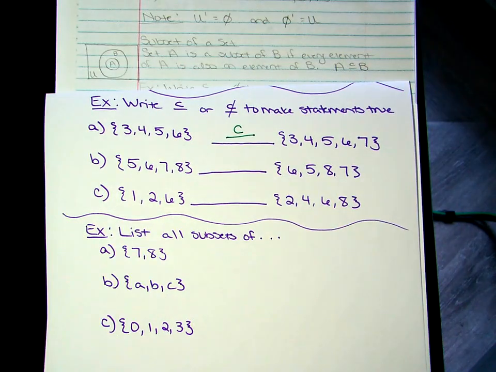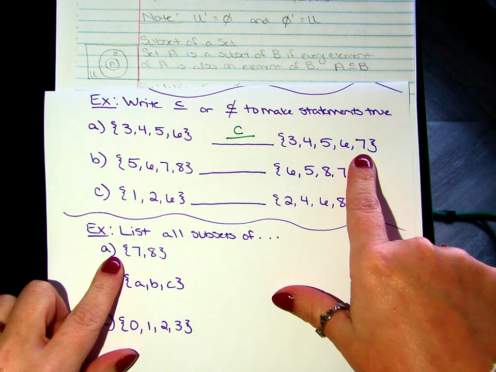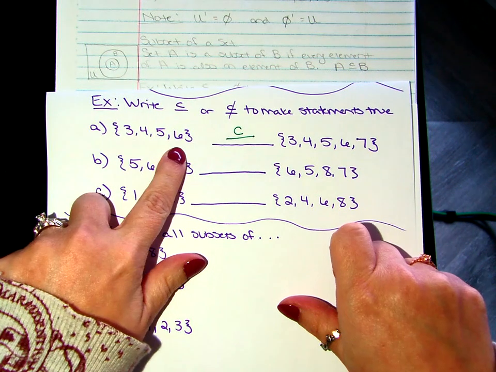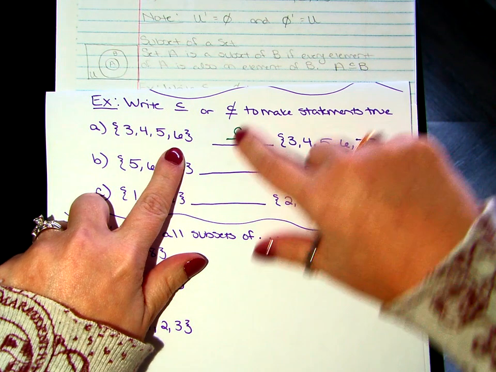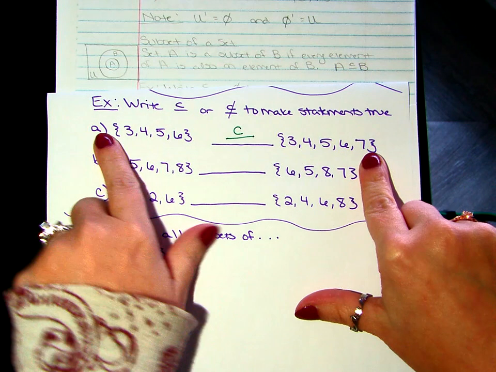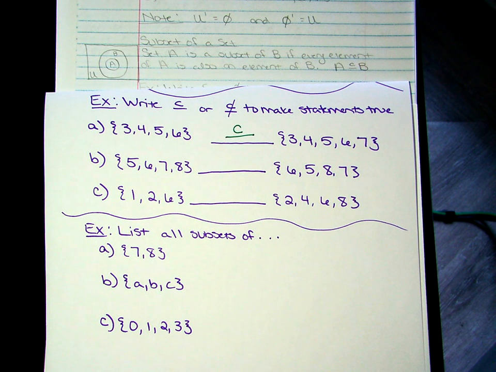And hopefully you can see that the order matters. If I had written these the other way, set 3, 4, 5, 6, 7, and then the subset symbol, and then set 3, 4, 5, 6, then I would be writing is not a subset because this has the number 7 in it, and this one doesn't. So the order that they present your sets to you is very important.